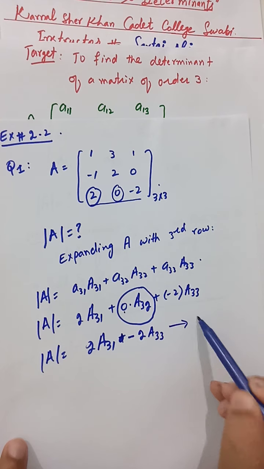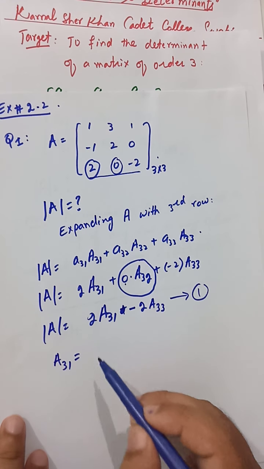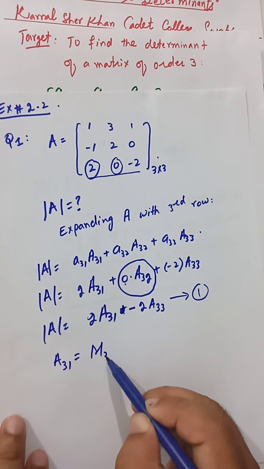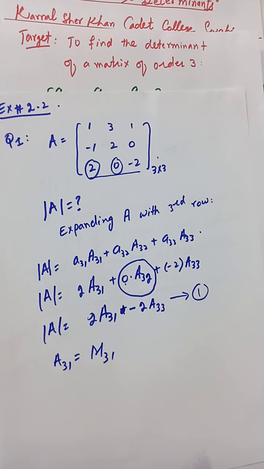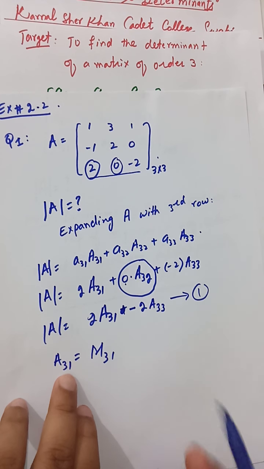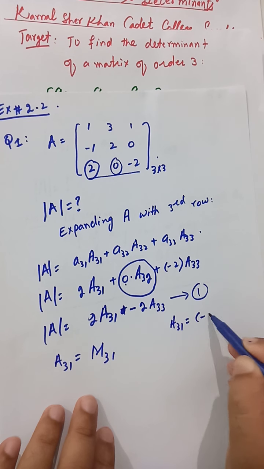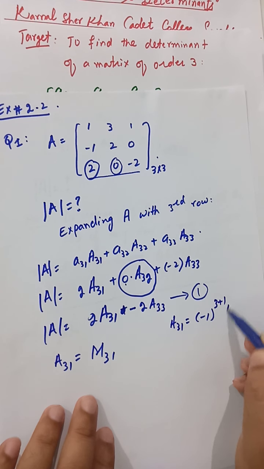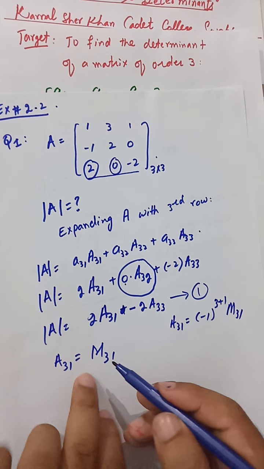Now you need to find capital A31, which will be equal to M31, because 3 plus 1 is 4, and minus 1 power 4 is even. So instead of writing that A31 is equal to minus 1 power 3 plus 1 times M31, which is 1, remember this point.